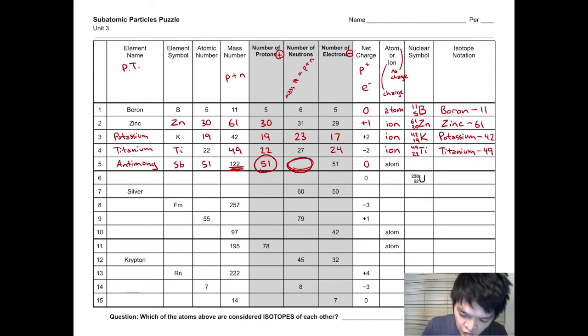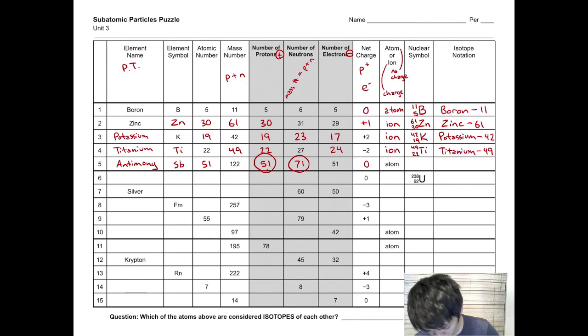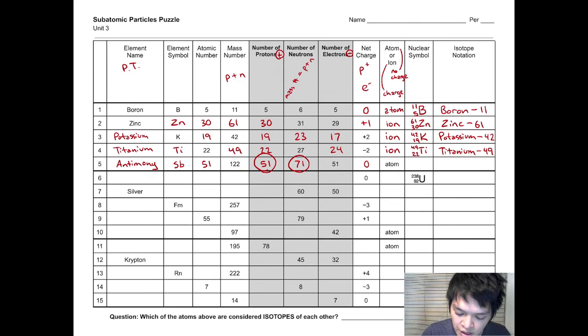I'm getting 71 in my calculator. Right? And you can always check this. Does 51 plus 71 equal 122? Does that sound right? Well, you can check in a calculator too, but that already looks right to me. Those two should add up to the mass number of 122.